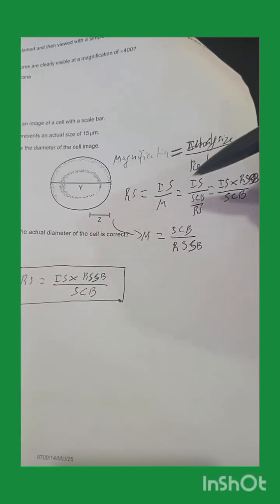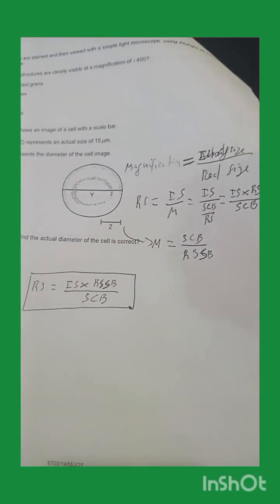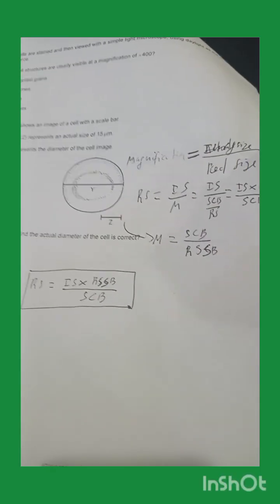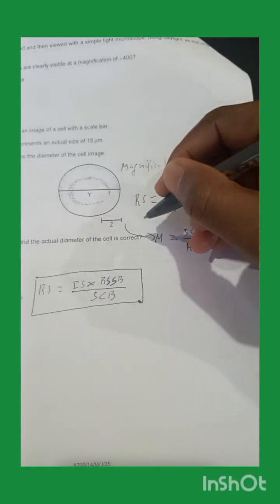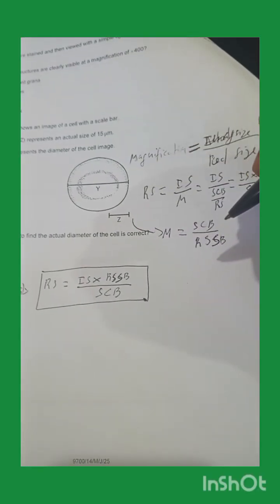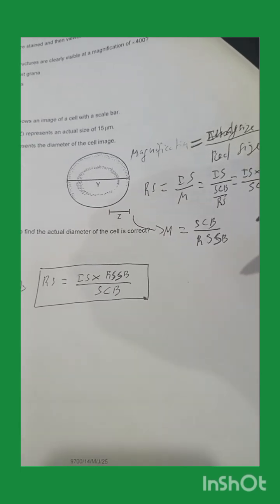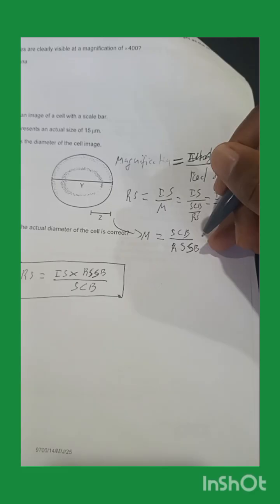So image size is actually equal to, just get back to the scale bar. From the scale bar you can actually get the magnification. How do you get the magnification for the scale bar? From the scale bar, which is given here as Z, magnification is going to be size of scale bar. You need to use a ruler so you can get the size of scale bar, right? Represented like this, SSB over real size of scale bar, so actual size of scale bar.